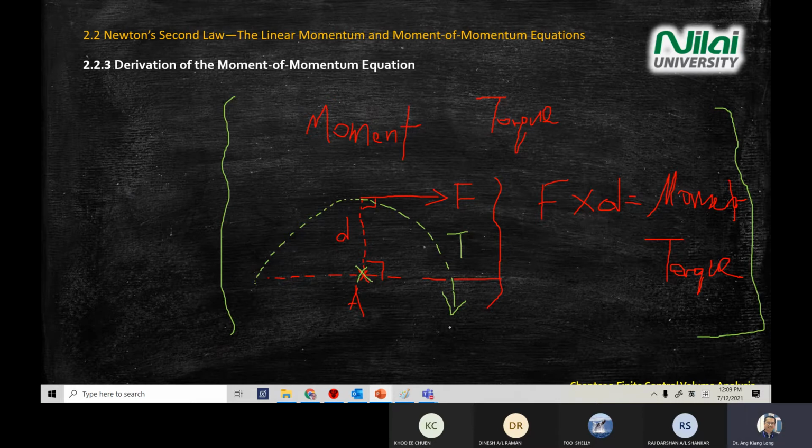Memorize this, and I hope you can remember it until the end of the lecture, because this is the concept we'll be using for the rest of the lecture today. So when you're asked what is moment, what is torque, recall force times D, you get torque. And remember the direction: the direction of torque will follow the force.